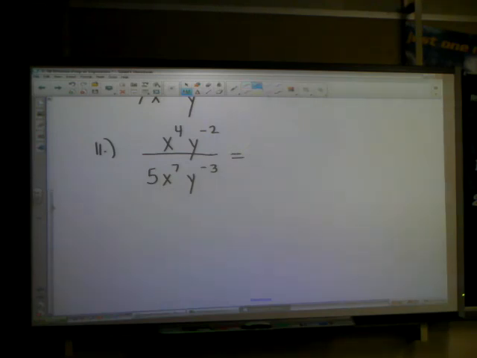Now, the first thing I notice is that although I have both of my x's and both of my y's, I don't have both of my numbers. So the question is, what do I fill in up here? Is it going to be 0 or 1?